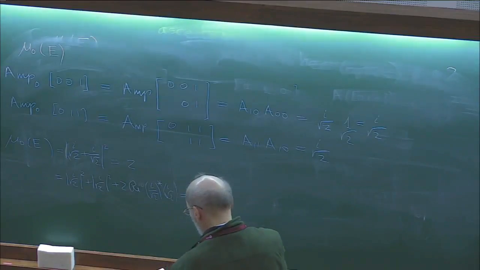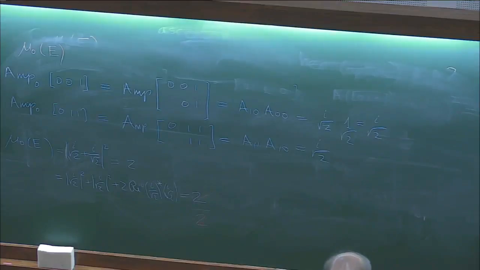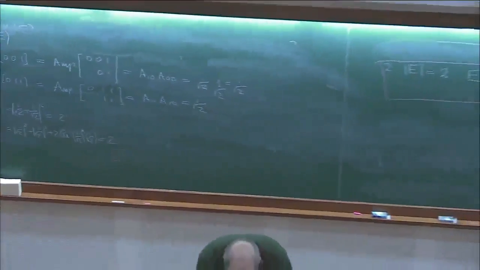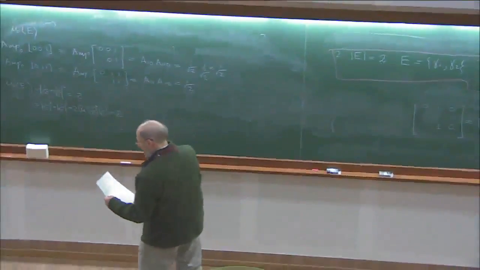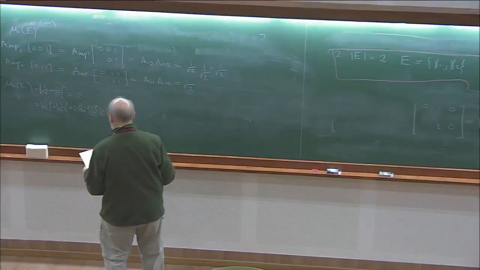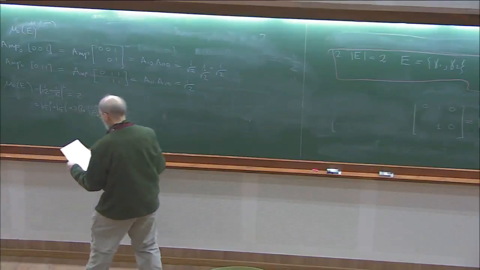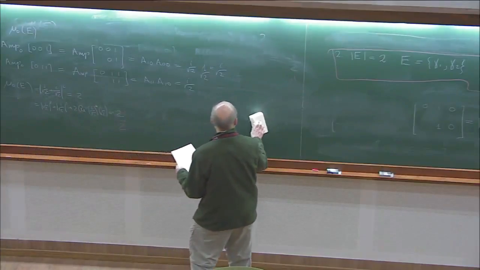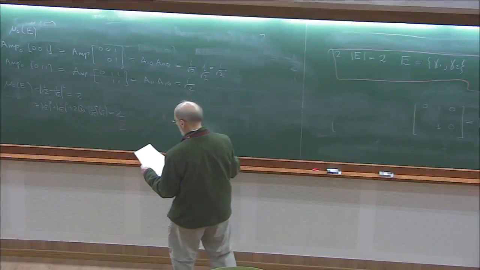Right, this should have been 1 over the square root of 2. I'm debating whether to keep the error or try to correct it on the fly.